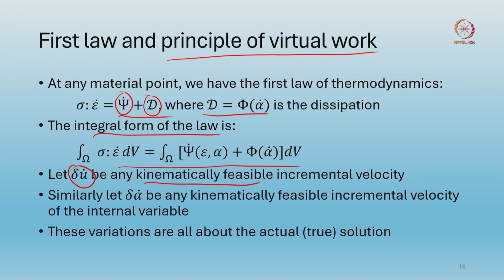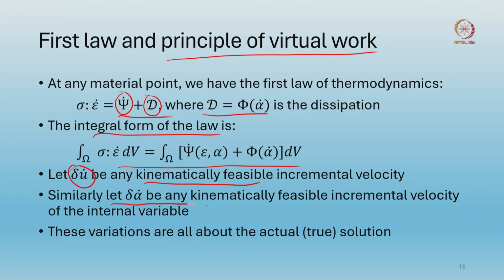Specifically at the Dirichlet part of the boundary, delta u dot must vanish, because over the Dirichlet boundary we know the solution already, since there we specify the displacement or deformation, right. So, these requirements together constitute the admissibility. Delta u dot must therefore be admissible in this sense.